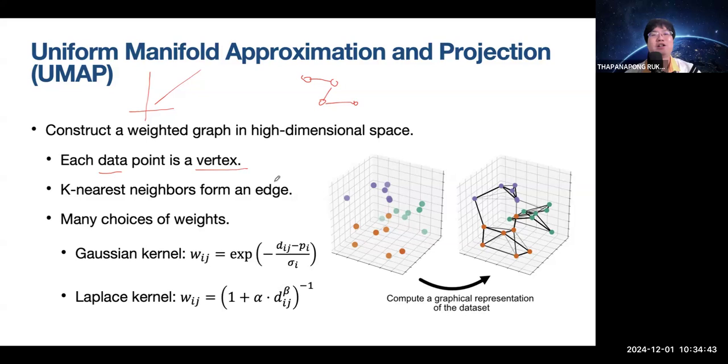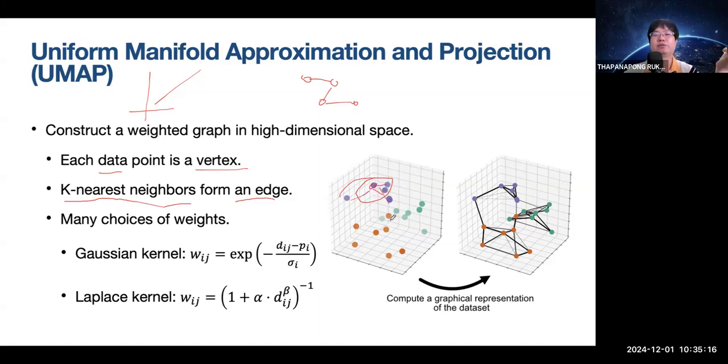So each data point is a vertex, and the k nearest neighbors will form edges, right? So you have your data, you look at your neighborhood, and then you pick the k nearest neighbors, and you form an edge between them.